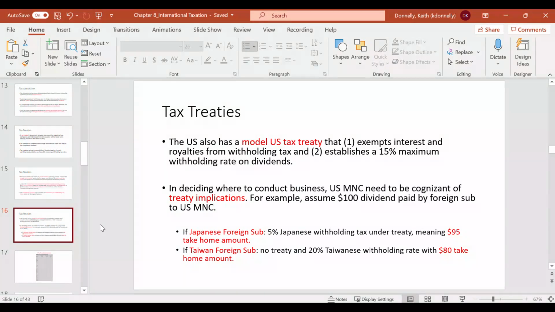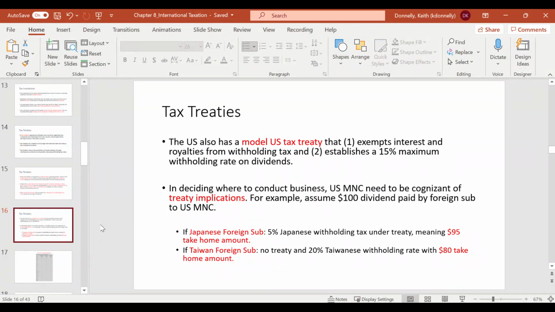So as I have here, in deciding where to conduct business, a U.S. multinational corporation would need to be cognizant of treaty implications. For example, assume you have a $100 dividend paid from a foreign sub to a U.S. parent.